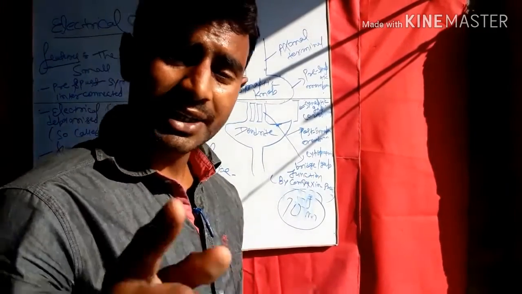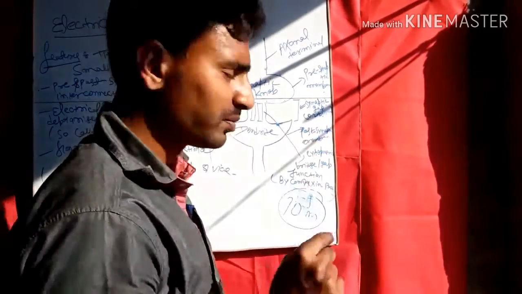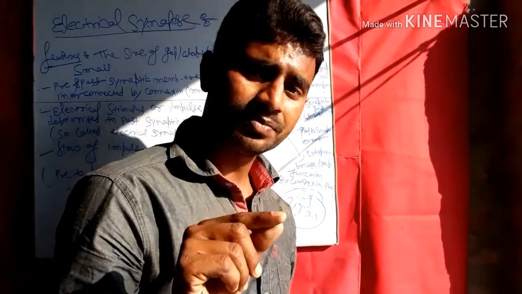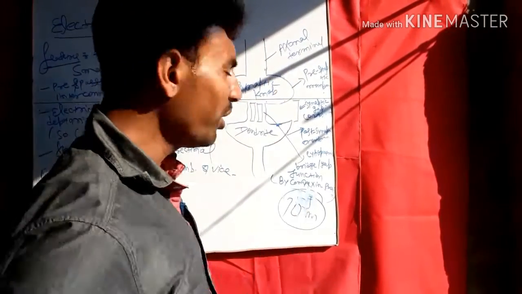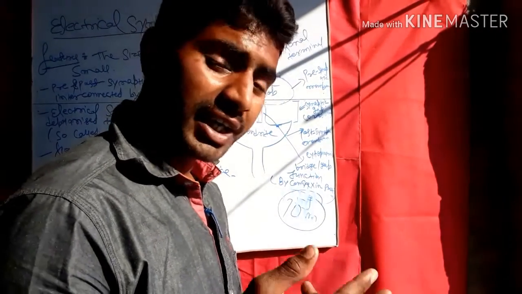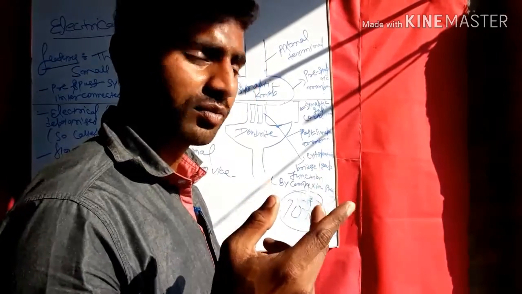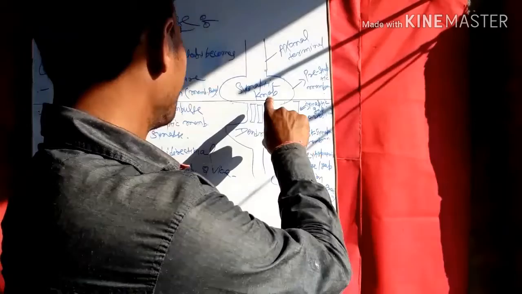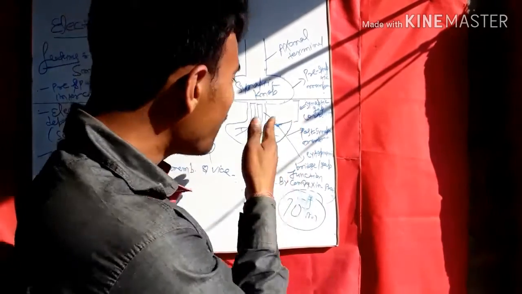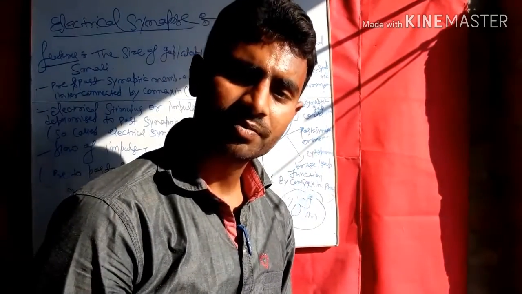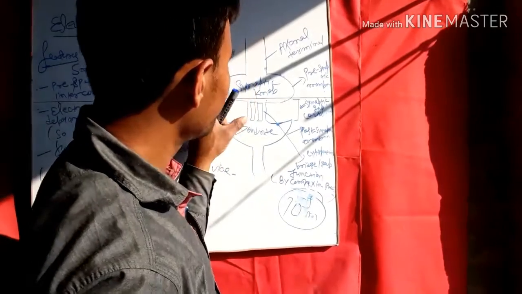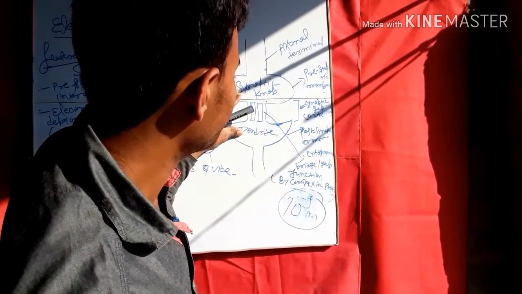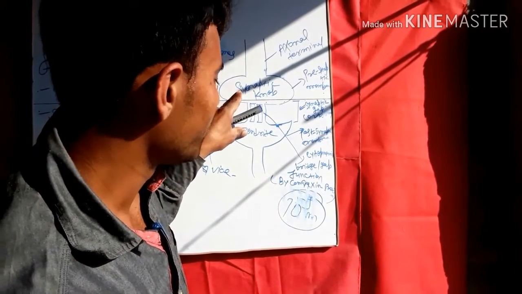But in the electrical synapse, both neurons are connected with each other by connexin protein, a membrane protein.